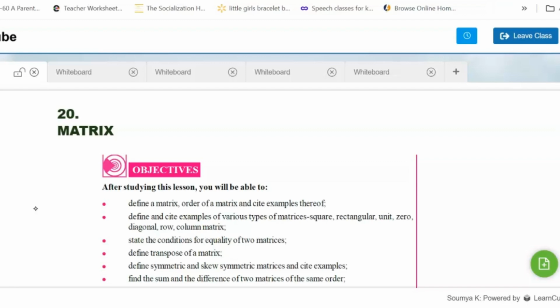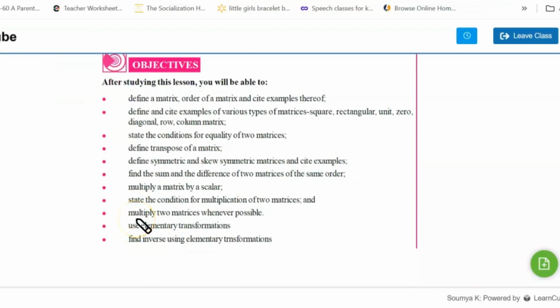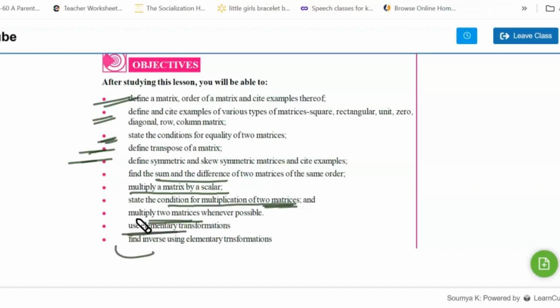So you can learn all these topics after finishing this lesson: matrix, various types of matrix, equality of matrices, transpose of the matrix, symmetric and skew symmetric matrices, then sum and difference of the matrices, then multiplying a matrix by a scalar, and then the condition of multiplication of two matrices, then multiplying them and using elementary transformation, and also finding the inverse.